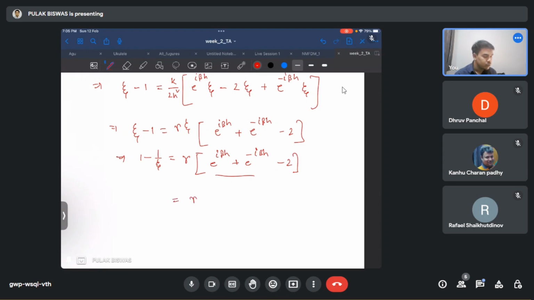So this one, if you divide by 2, it is coming cos or what? Cos 2r. This is cos beta h minus 1.